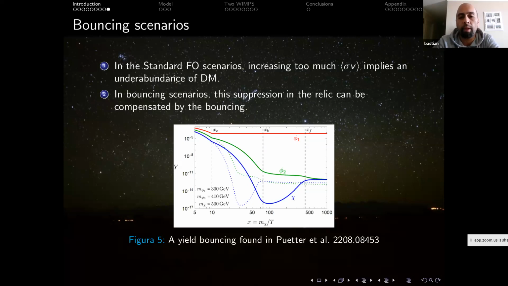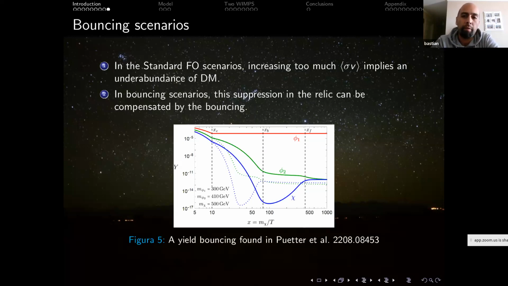So actually, the last message is, why would you want to increase this sigma b if you know that normally you will get an underabundance of your dark matter?